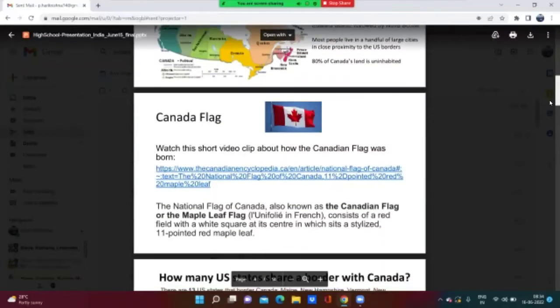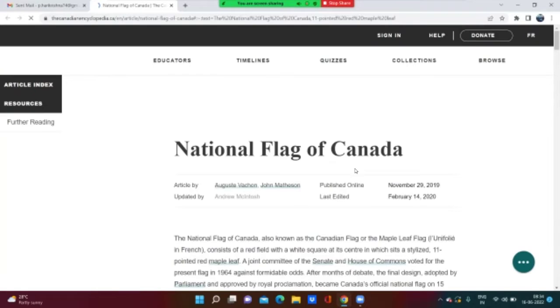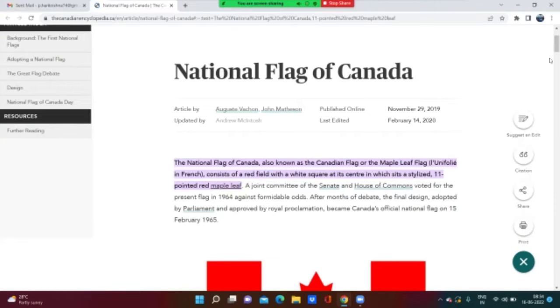There is a lot to be said about the Canadian flag. I've put the link to the history of the flag because it's just too long to bring up here. It is called the flag of Canada, or the maple leaf flag.